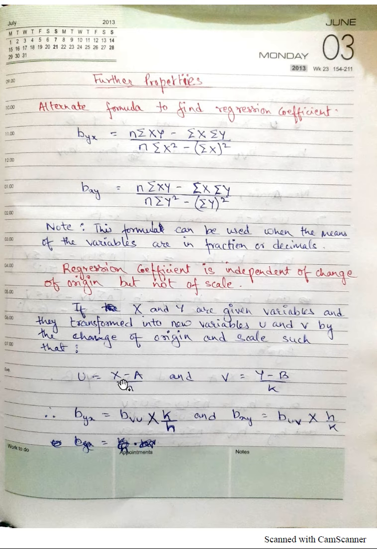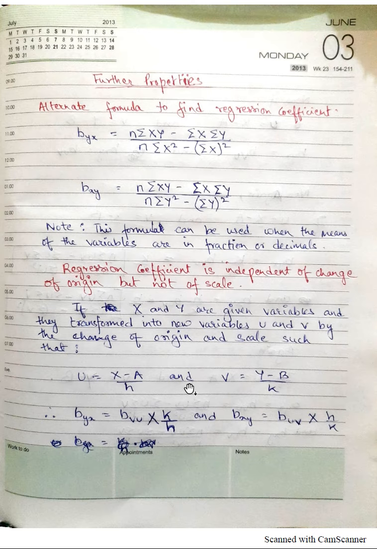That is, we first change the origin of x, that is, we subtract a value, let's say a, from x. By doing that we change the origin of x, and then we also change the scale of x by dividing it by a value h, let's say. So the new variable thus formed, that is u, is equal to x minus a divided by h.